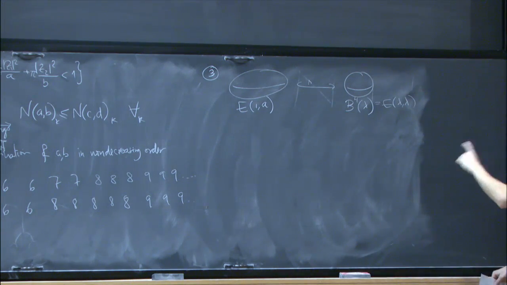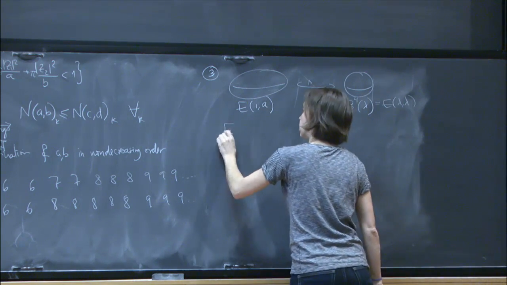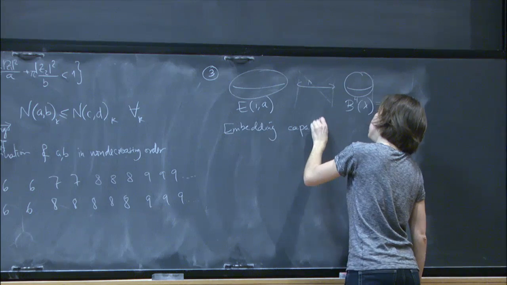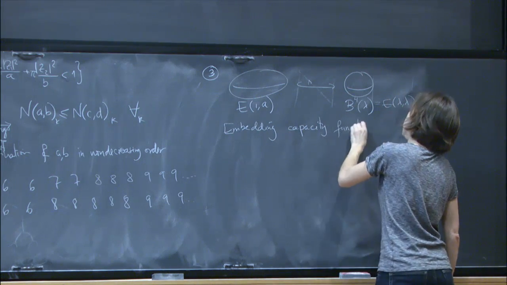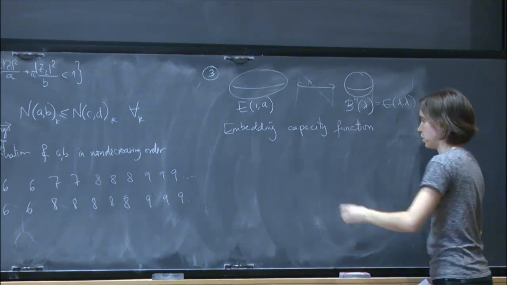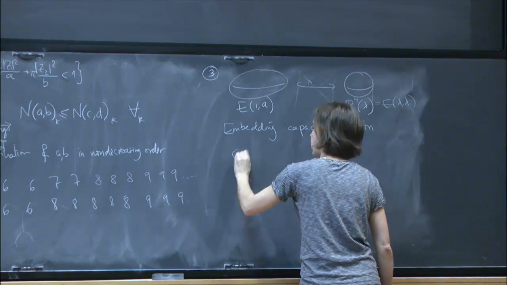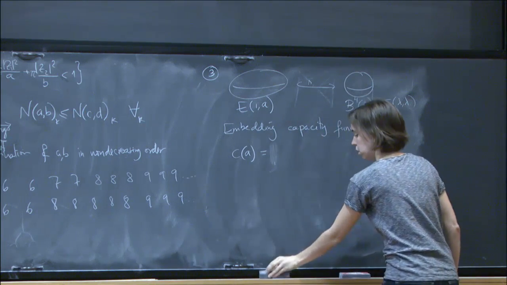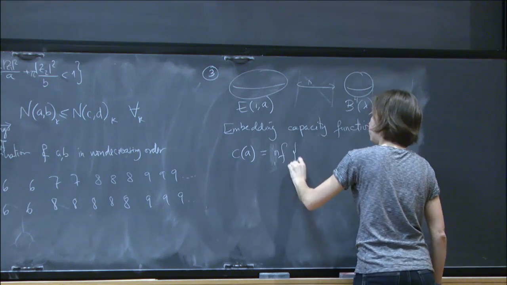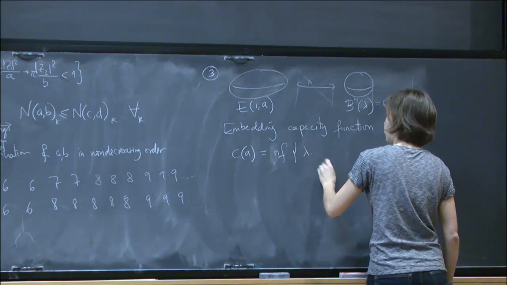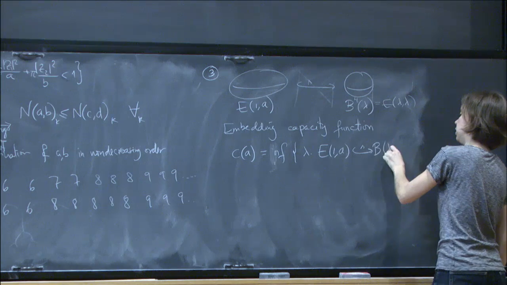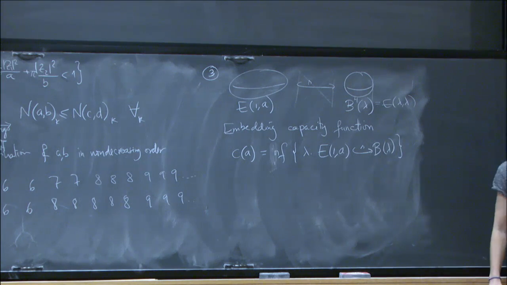And I can summarize this whole question in an embedding capacity function. C of A is equal to the infimum lambda such that E1A embeds symplectically into the ball of radius lambda, so the smallest ball in which you can symplectically embed the ellipsoid.